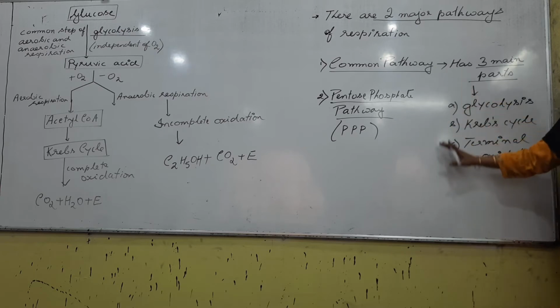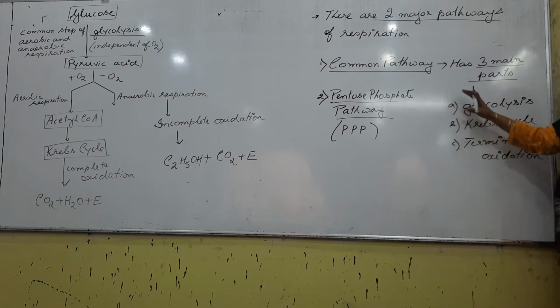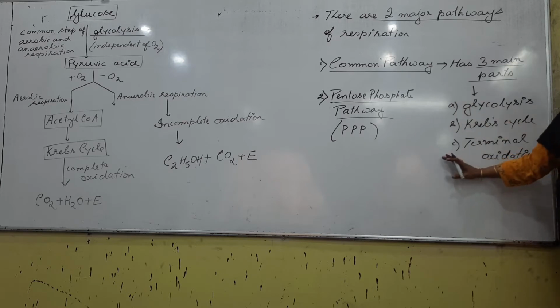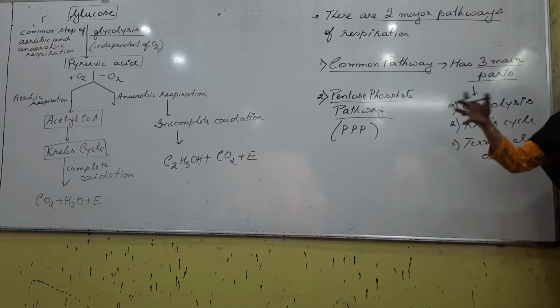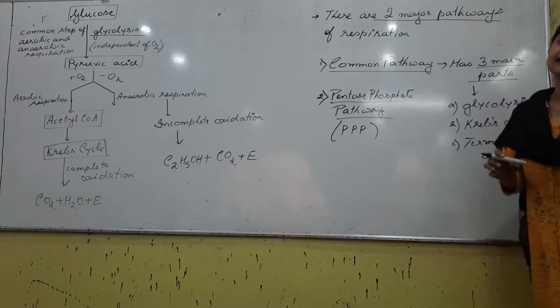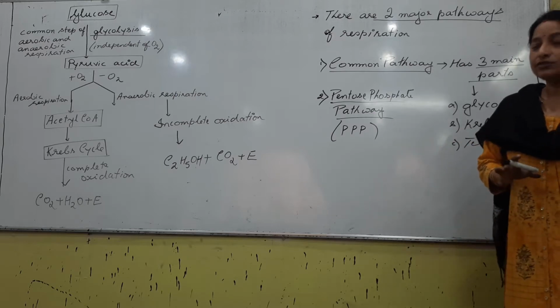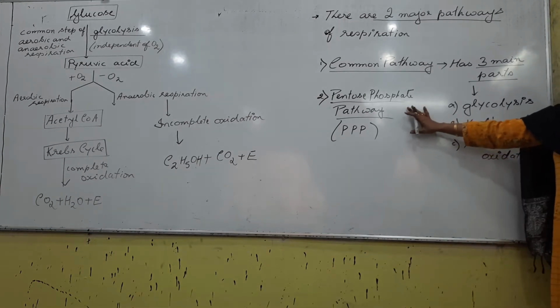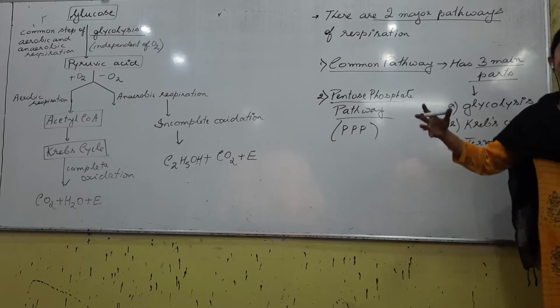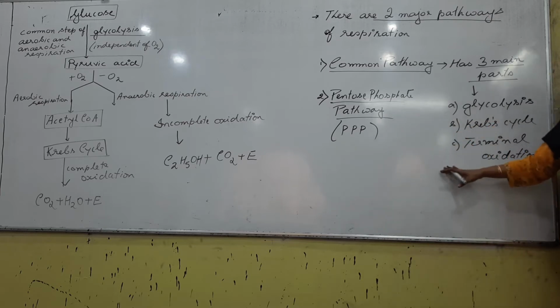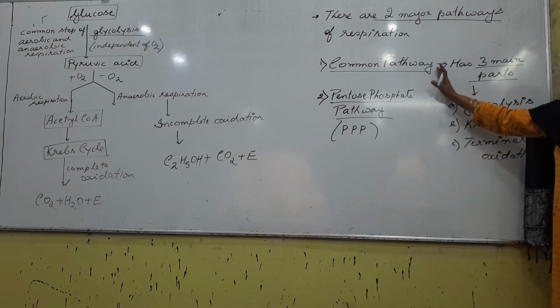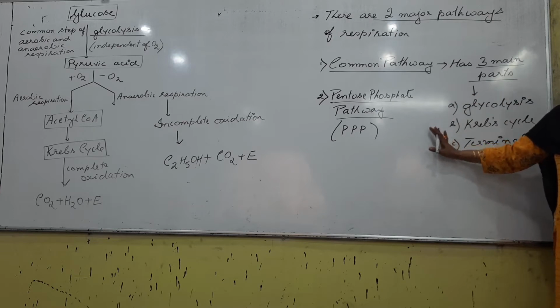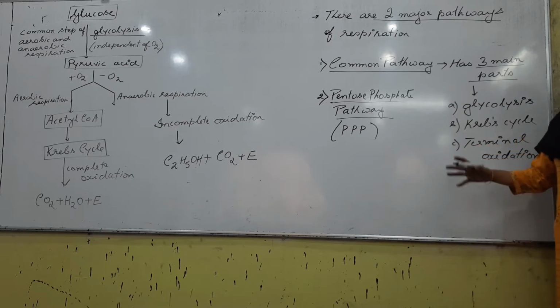It is not always these three steps; commonly in most of the cells it will be glycolysis, Krebs cycle and terminal oxidation. But sometimes in some cells of some plants, glucose breaks down by an alternate method. That method is called the pentose phosphate pathway. We'll be discussing this also, what is the significance, etc. We'll be talking about it later. But respiration commonly discussed is obviously the first one, right? Why is it called the common pathway? Because it's most commonly seen.